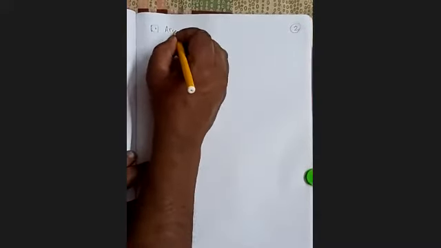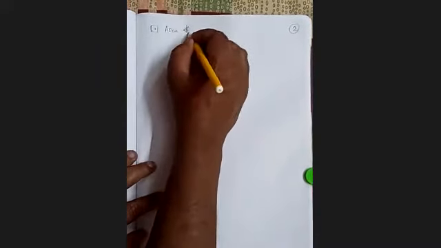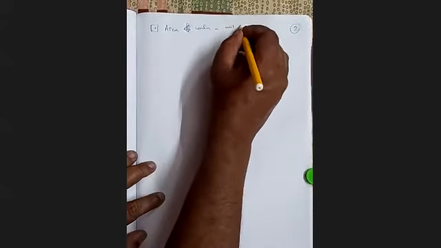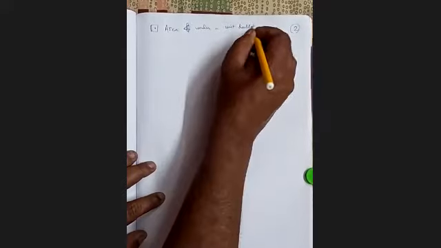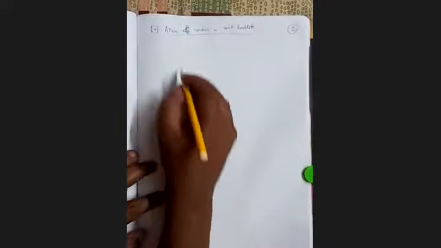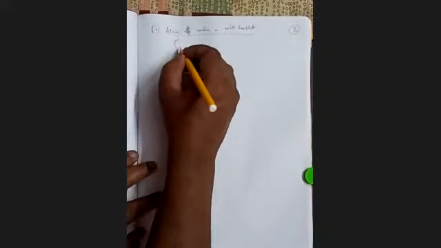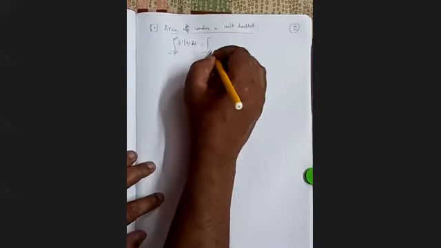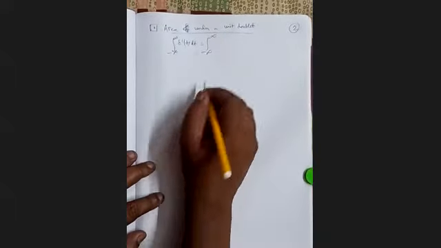So what is the area under a unit doublet? We want to find out. Now, integration from minus infinity to plus infinity of delta dash t dt, that we can write as integration.